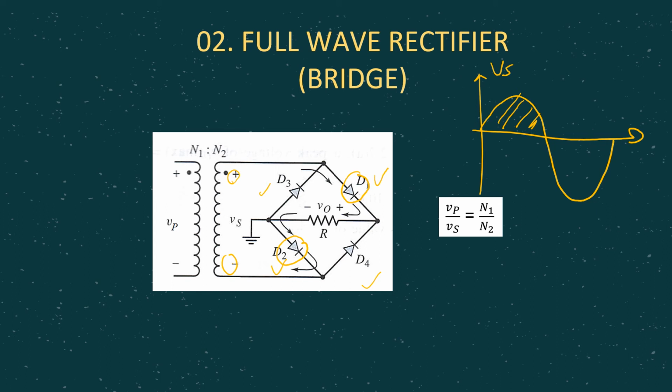Then if you consider the negative half cycle, where now Vs is represented with negative and positive like this, you can check that now D3 will be on as well as D4 will be on. Obviously D1 and D2 will be off, meaning to say in each cycle there will be two diodes on and two diodes off.